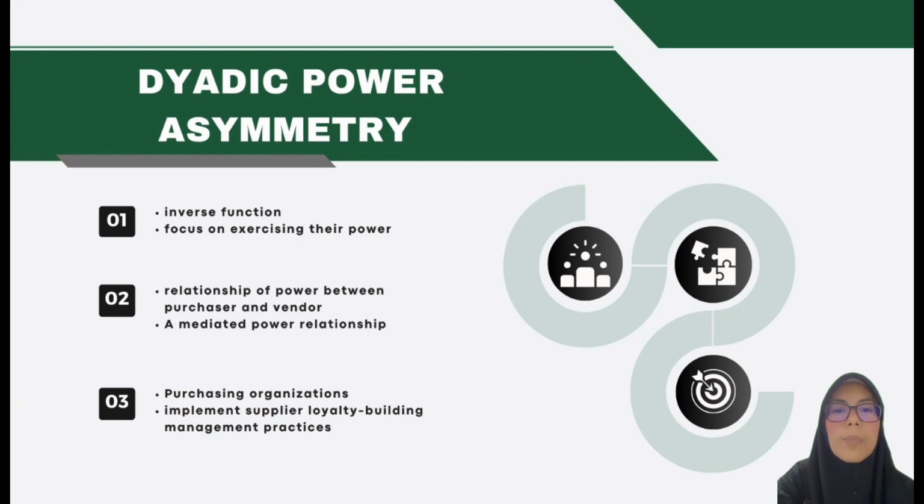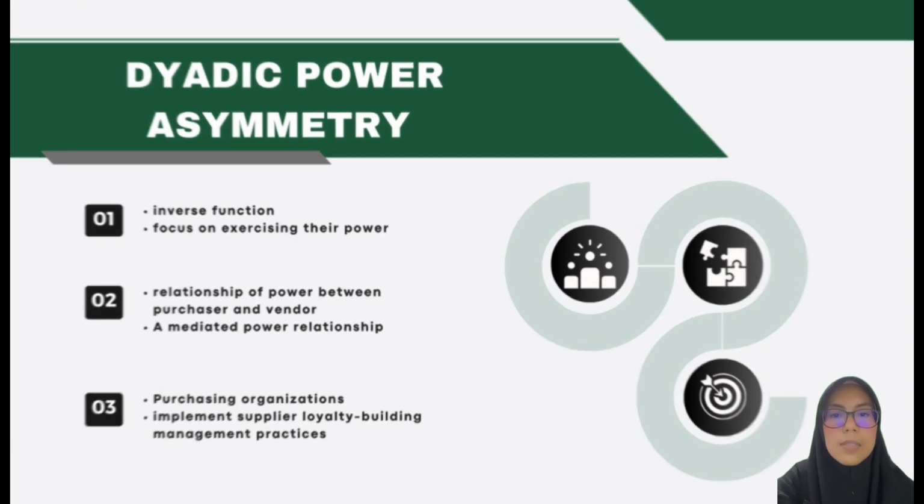A mediated power relationship is detrimental to the acquiring organization. Purchasing organizations that believe in the benefit of supplier management and are cognizant of the ever-changing buyer-supplier dynamic may implement supplier loyalty building management practices.